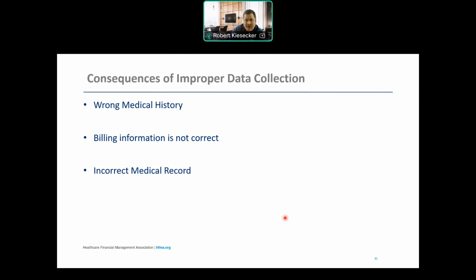So there's a lot of consequences for not collecting the right data as it moves through the revenue cycle and that medical visit. Okay. So serious consequences may occur if patients are identified incorrectly via generation of a duplicate medical record number or by selection of the wrong patient's record. Treating a patient with the wrong medical history, the patient can have serious adverse reactions to a treatment since their allergies and medical conditions are not correctly identified. Okay? If insurance information is wrong, then the patient's claim is sent to the wrong health plan.